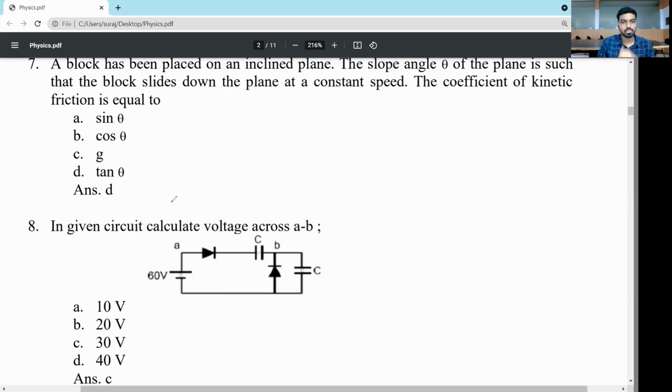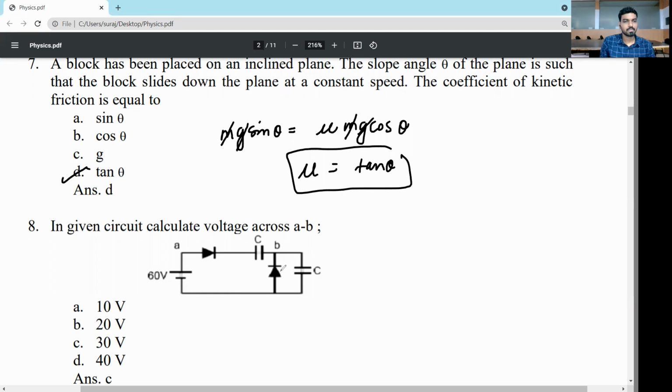Coefficient of kinetic friction is equal to? So constant speed means the net force is 0. Mg sine theta should be equal to friction force mu mg cos theta. Now m will cancel, g will cancel. Mu will be how much? Sine by cos, tan theta.